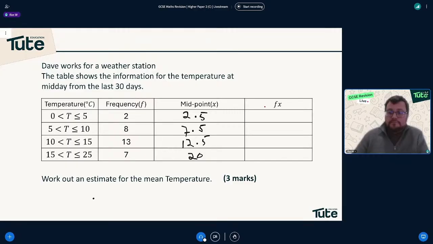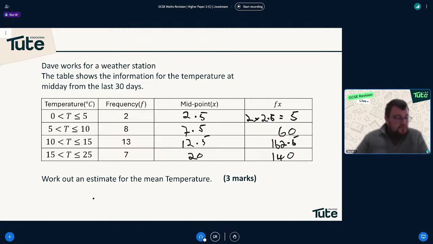I've called this one f of x because what I'm doing is my frequency multiplied by my midpoint. Frequency multiplied by midpoint, frequency multiplied by midpoint, and frequency multiplied by midpoint.